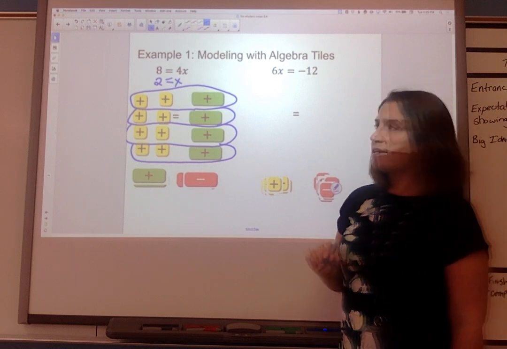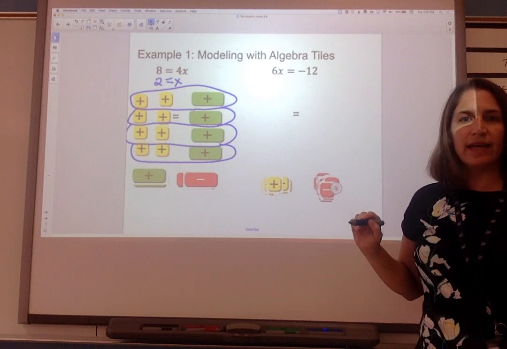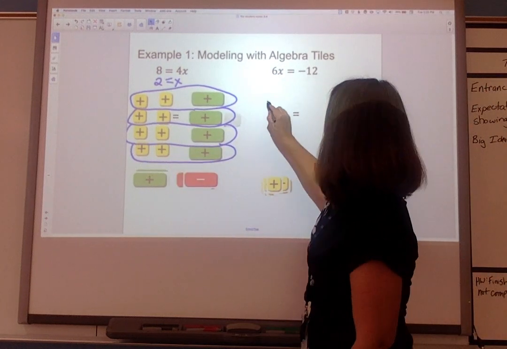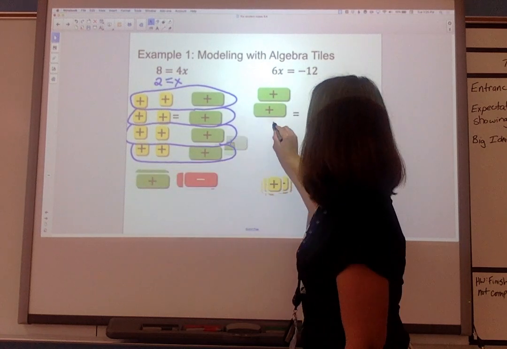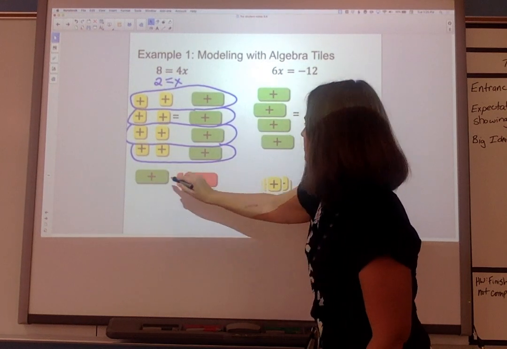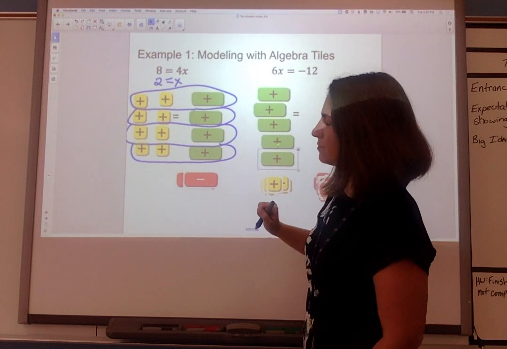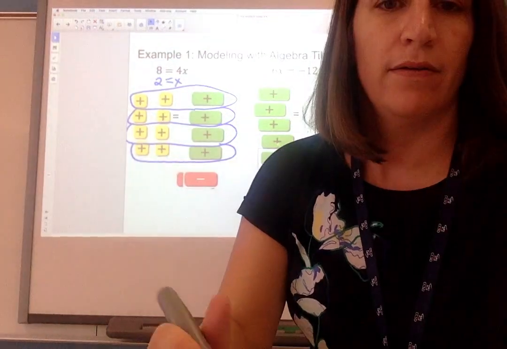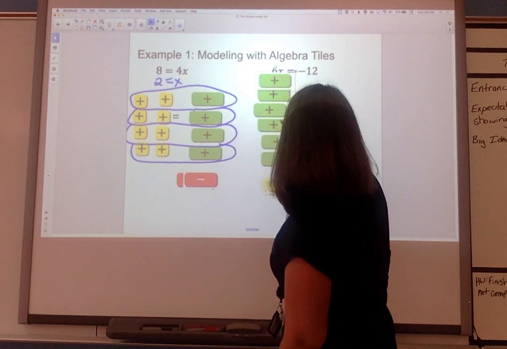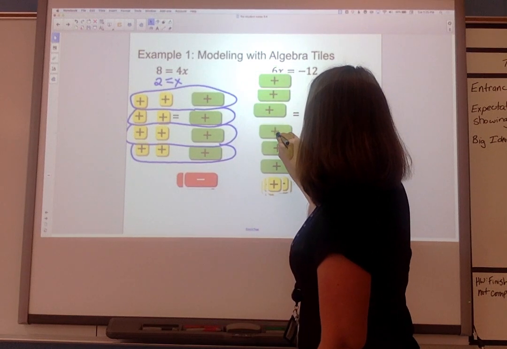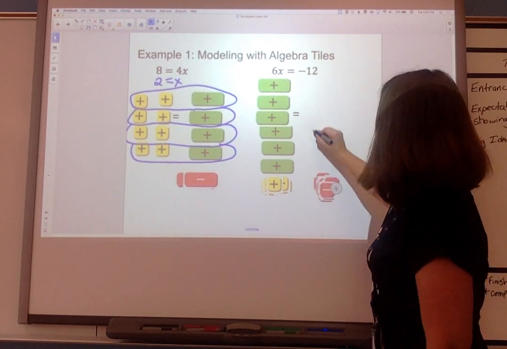Here's one with some negative counters. We have 6x equals negative 12. So here I'm going to have 6 x's, and that's equal to 12 negatives.